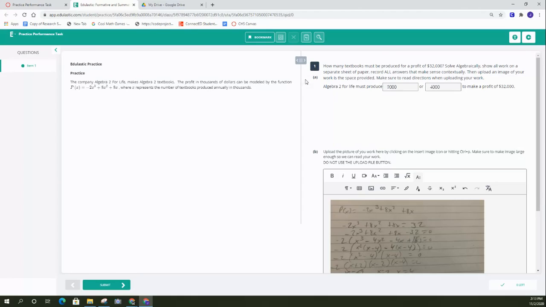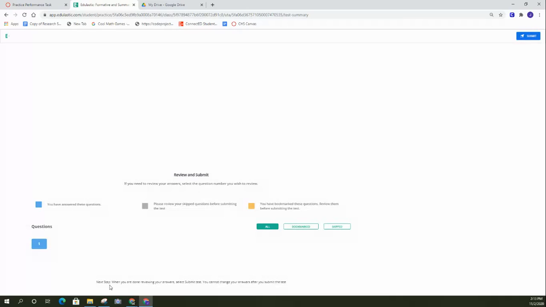On your test there will be more than one question, so you'll hit the arrow to go to the next question. When you're all done, just hit submit. Sorry, you have to make sure it comes here. If you flagged anything, it tells you to go back and look, but we're all good.